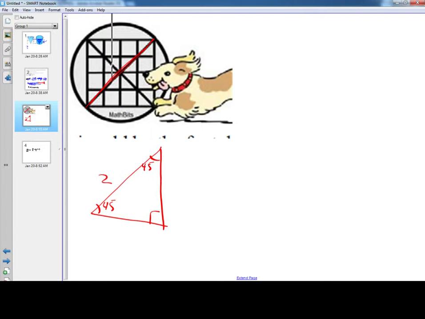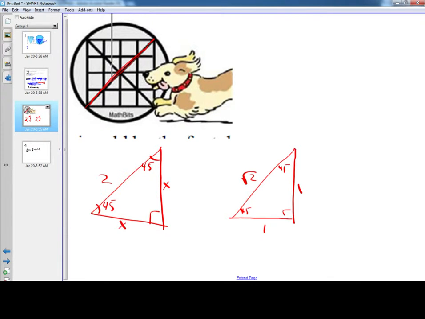But it's weird, because my 45, 45, 90 had sides 1, 1, radical 2, correct? You guys remember that? I used to call that my base, but here I don't know what x is now.